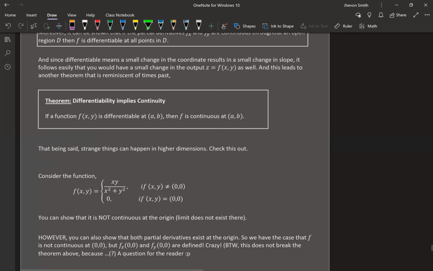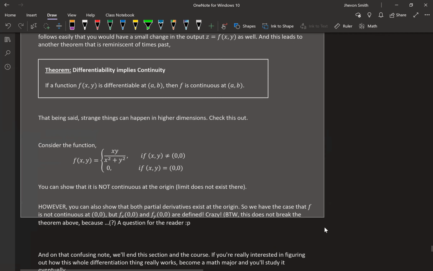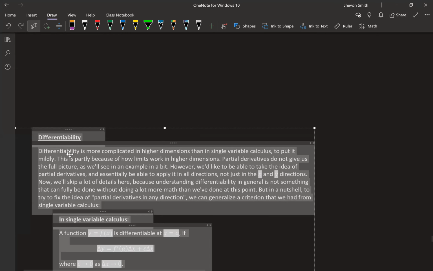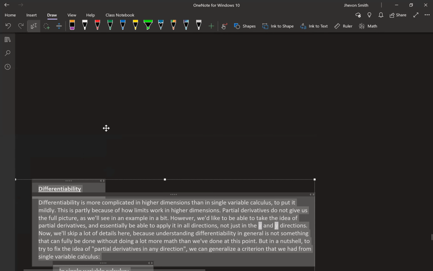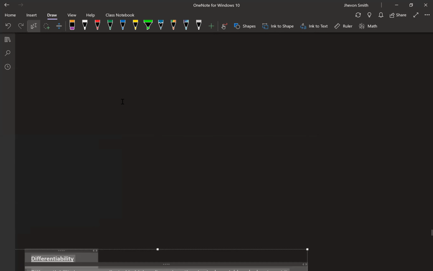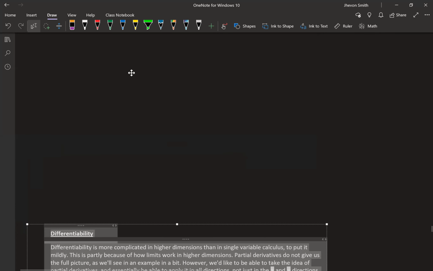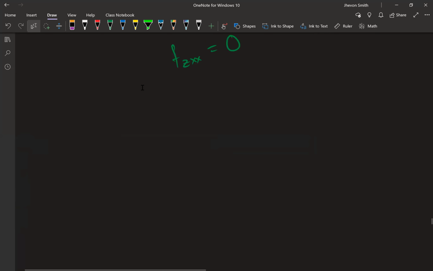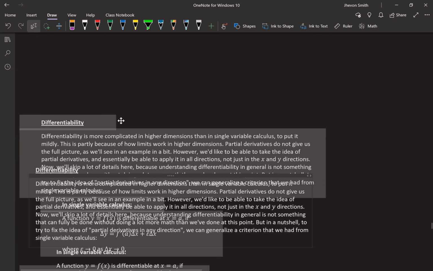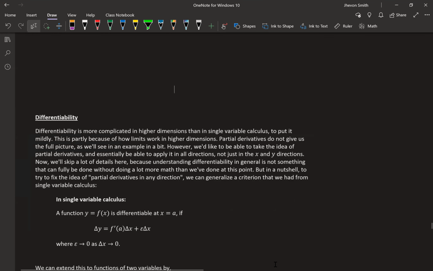I don't think that example would work as a Clairaut's theorem example though. Let's see, can I think of an example where Clairaut's theorem would fail?